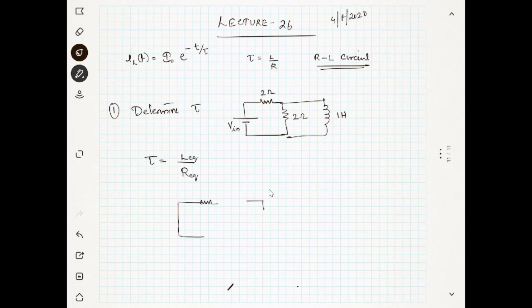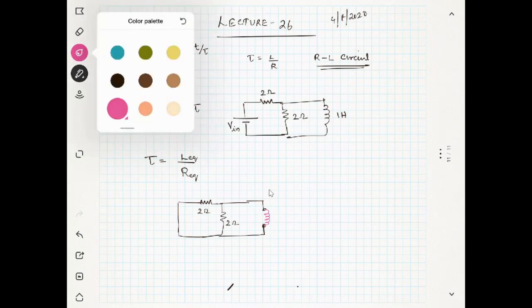This is the procedure. This is a 2 ohm resistance, and this is a 2 ohm resistance, and there is a connection here, and this was my inductor. Now I will look from this side.